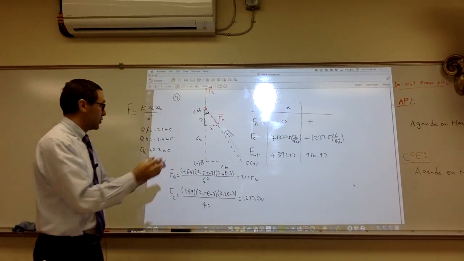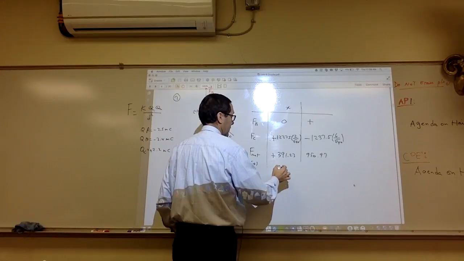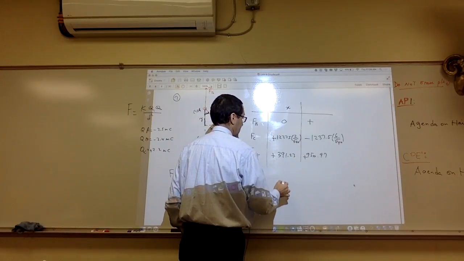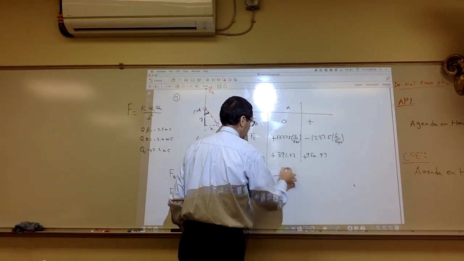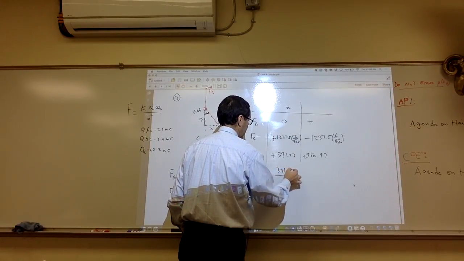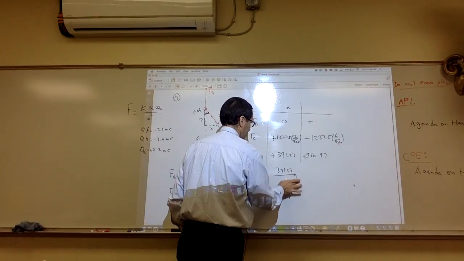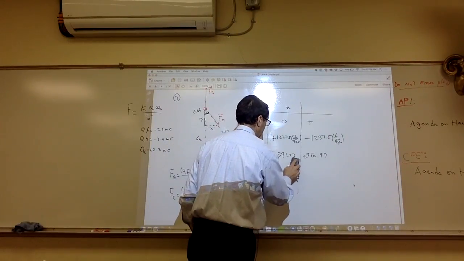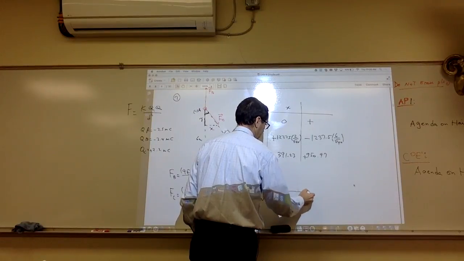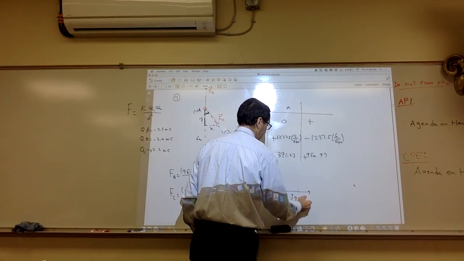Okay, so I think you can make your triangle. This is positive. The x component is 391.23, the y component is pointing up. Okay, maybe I should do this. This is 391.23.